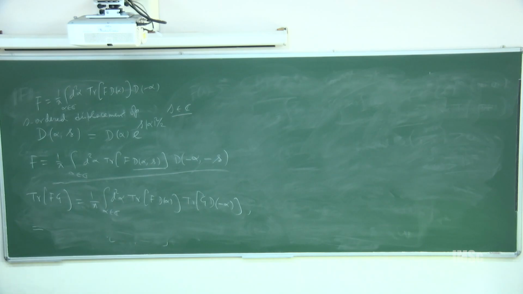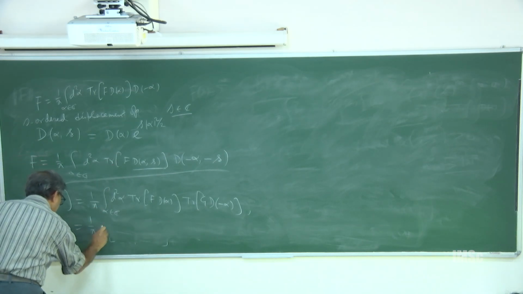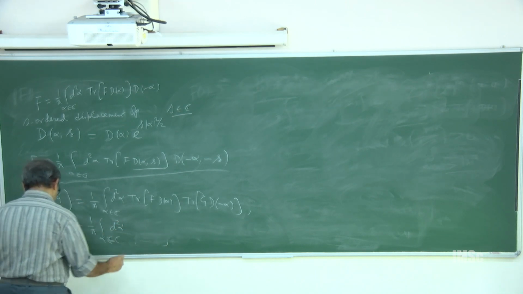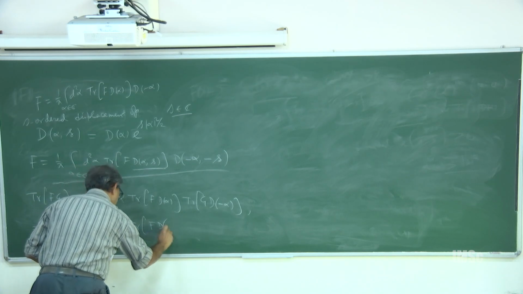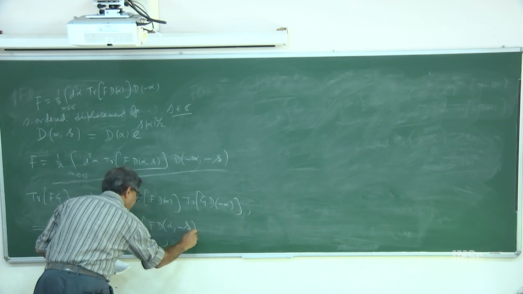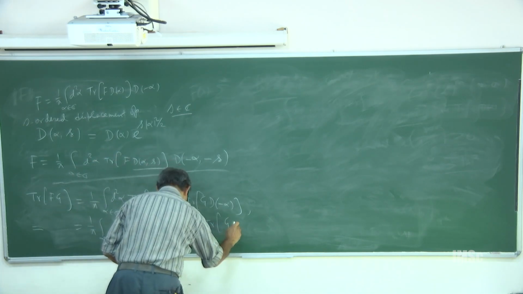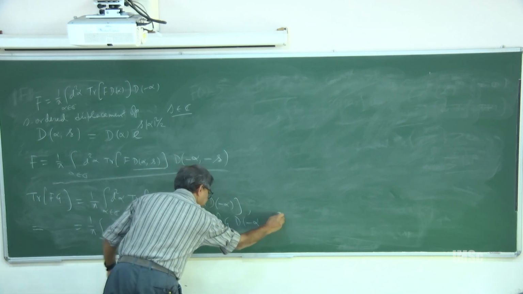By using this definition what you can show is that this is 1 upon pi, integral d square alpha, trace of f D of alpha comma minus s times trace of g, then D of minus alpha comma s.